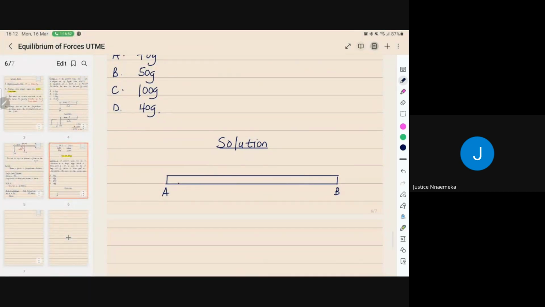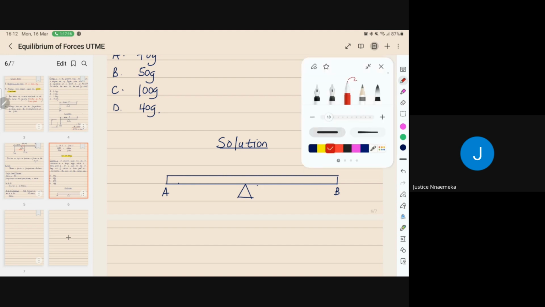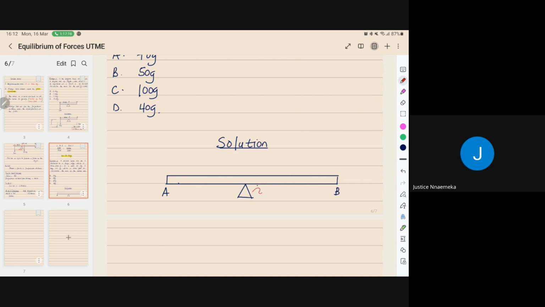So the distance between the knife edge and B, let's say the knife edge is here. The distance between the knife edge and B is 55. So if I say 56, just know that I'm talking about 55. So here is 55.